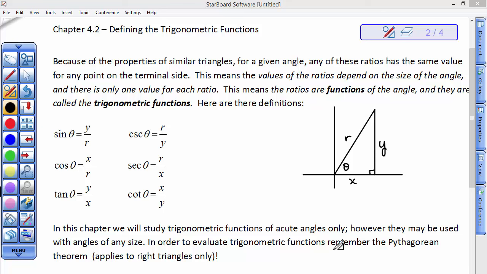To exaggerate that, I could have drawn this triangle larger, and your triangle might have been drawn larger.